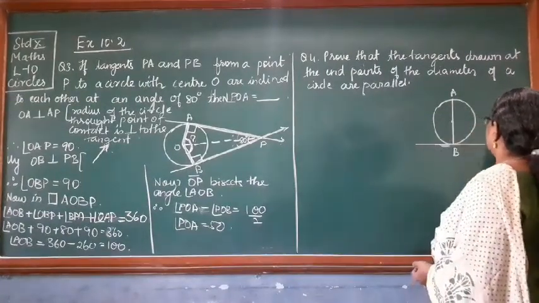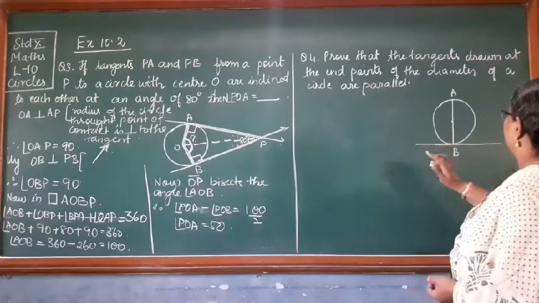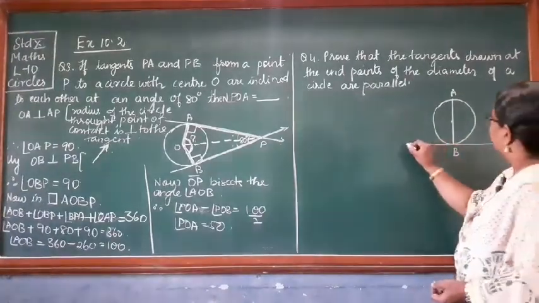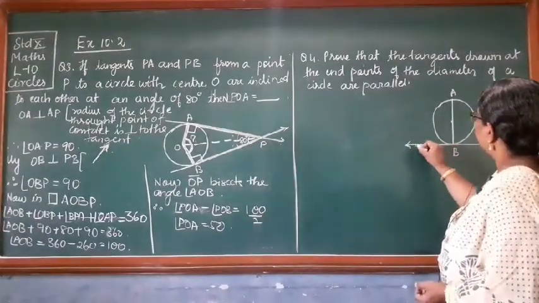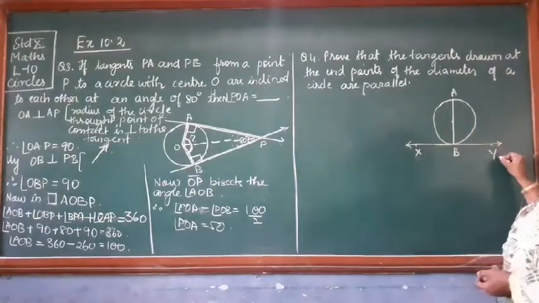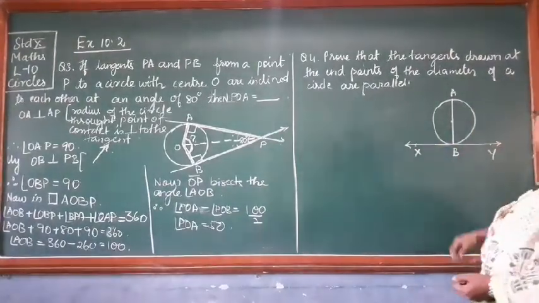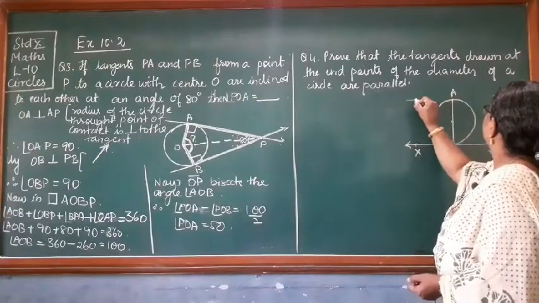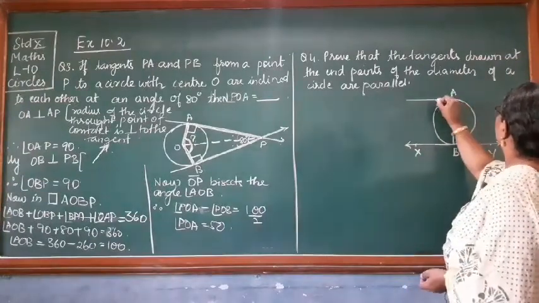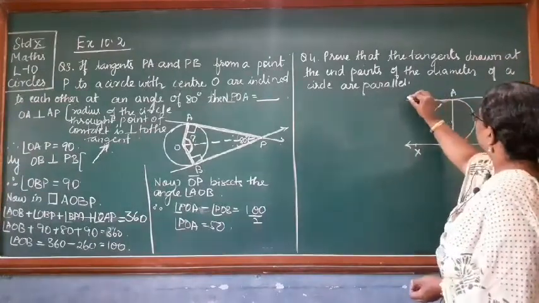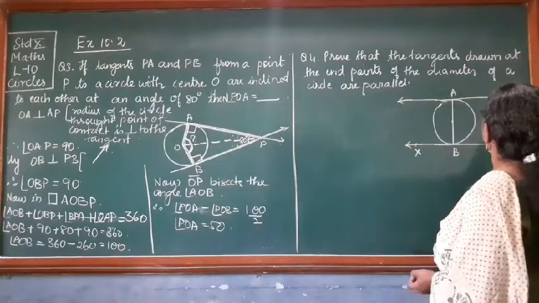So you are having this tangent. Let me take the tangent as say X. Here we will take the tangent as XY, and here we will take the tangent as PQ.